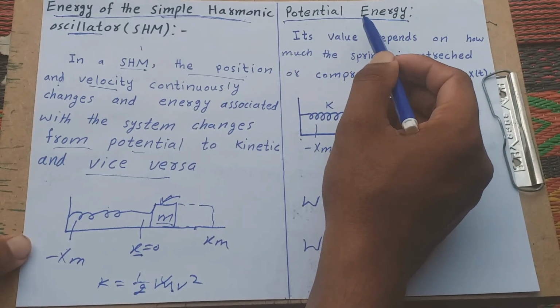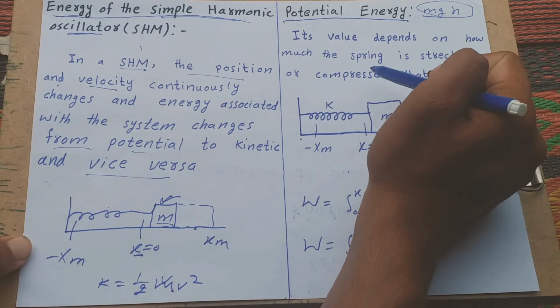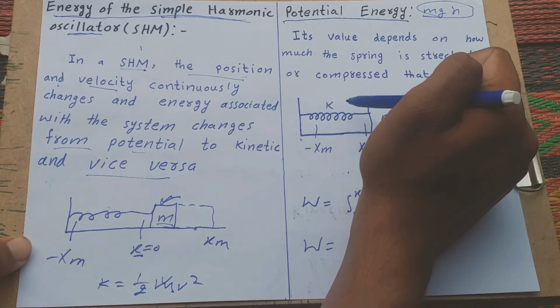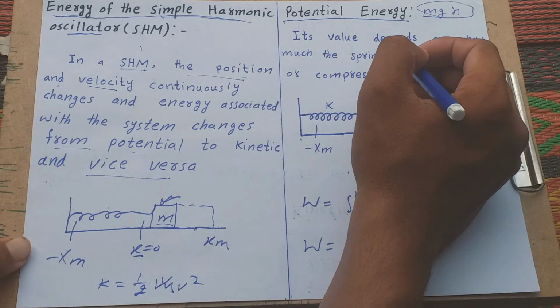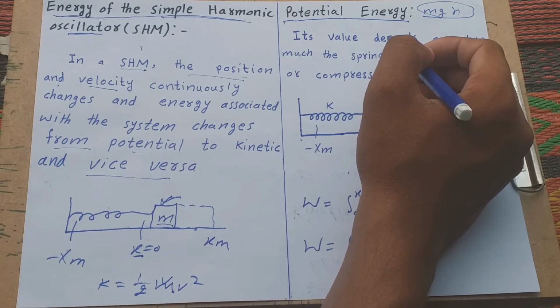What is potential energy? We know that potential energy is equal to mgh, but here we observe it due to the spring. The potential energy of a linear oscillator like that of the figure is associated entirely with the spring.